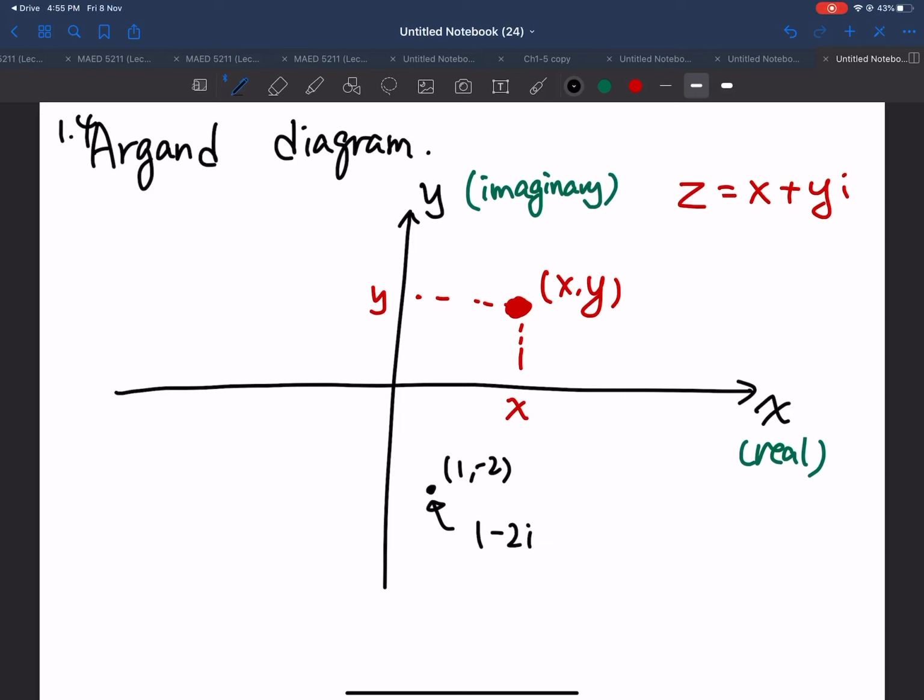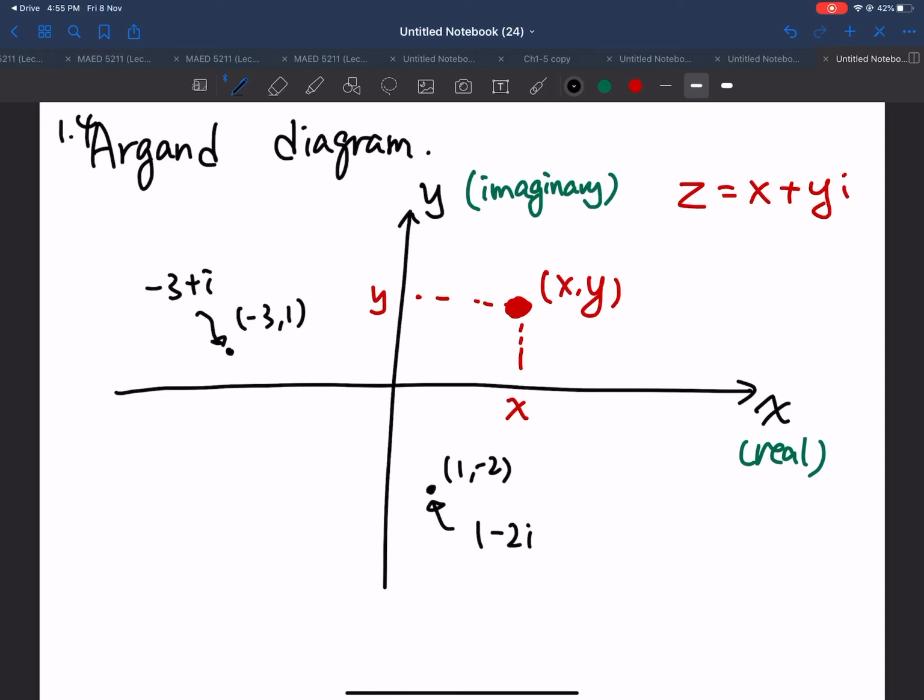When you see this, let's say here's negative 3 plus i, just not to scale here. You have a coordinate with x coordinate and y coordinate. You know how to draw it on the xy plane?